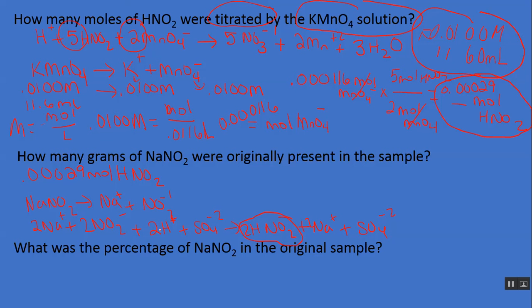So if we work our way backwards, if this is how many moles of nitrous acid we had, then stoichiometrically speaking, we should have that many moles of nitrite to begin with. It tells us for every 2 moles of nitrite, we're producing 2 moles of nitrous acid.